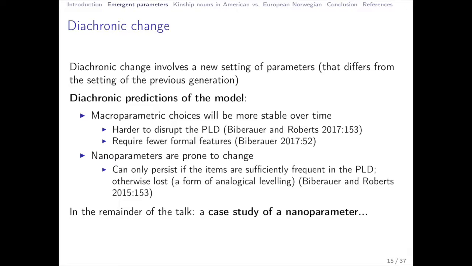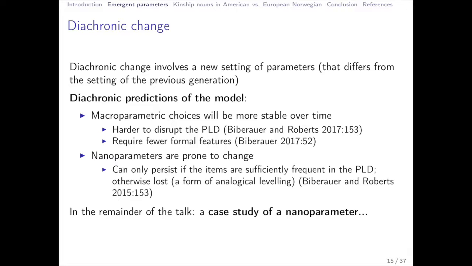First of all, macro parametric choices, the ones high up in the hierarchy, will tend to be more stable. That's because it's harder to disrupt the primary linguistic data, and they also require fewer formal features. Nanoparameters, on the other hand, are more prone to change, and they can only persist if they are sufficiently frequent in the PLD, otherwise they will be lost as a form of analogical leveling.